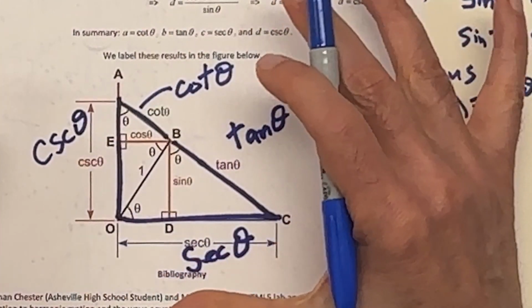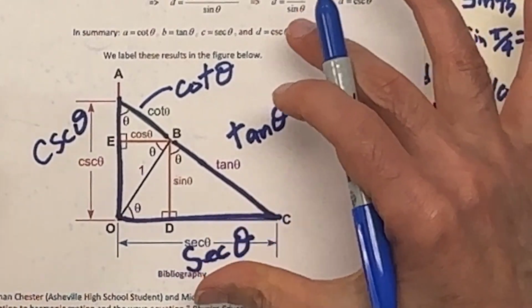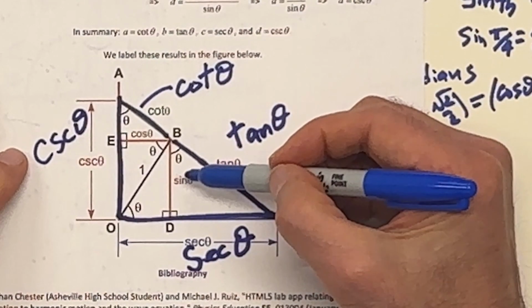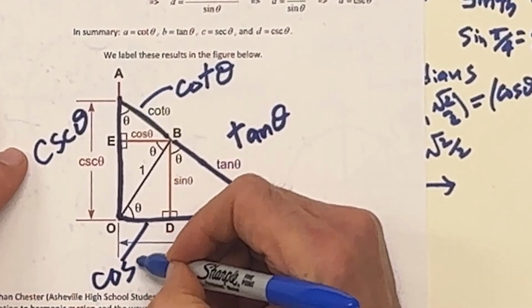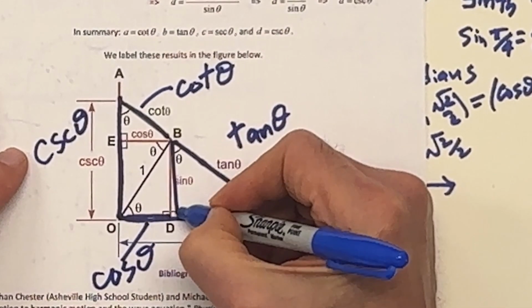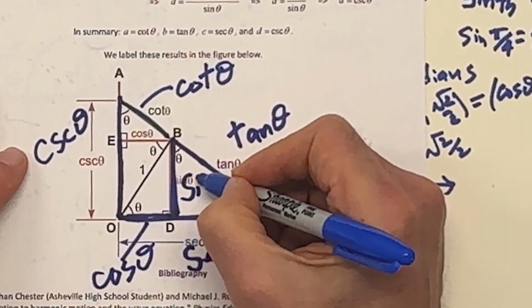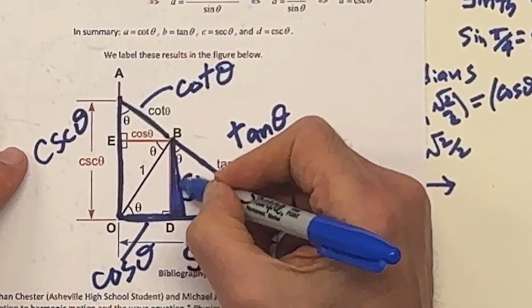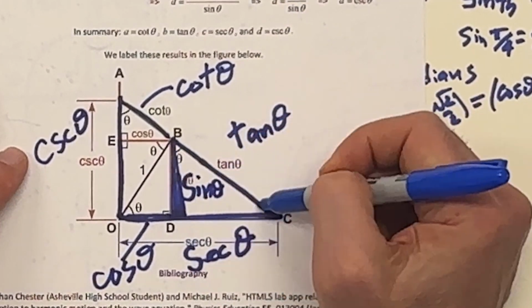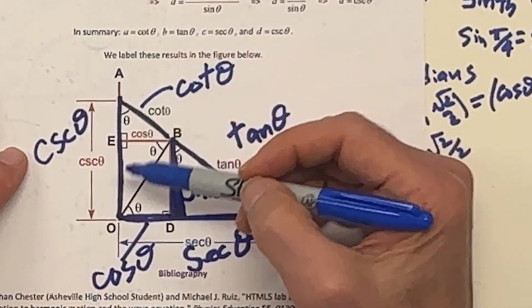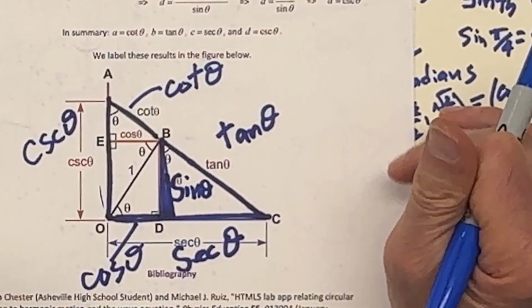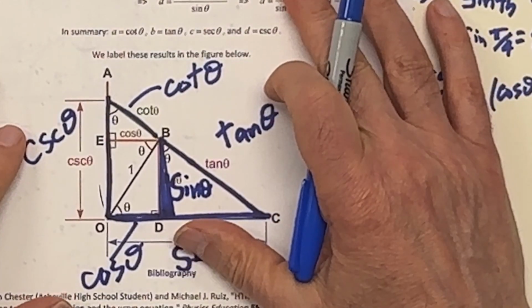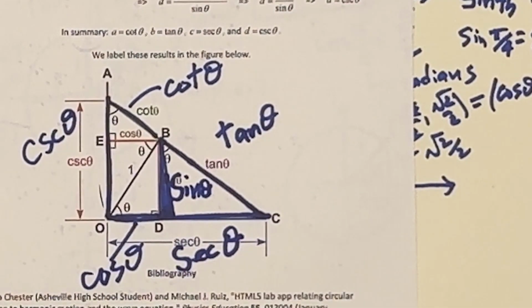I refer you to the book to see these derivations. This is very cool to have one diagram that shows you a picture of the cosine of theta here, and here is your sine of theta. And then you see your tangent of theta somewhere, a cotangent somewhere, the cosecant somewhere, and the secant somewhere, all in one diagram. Amazing.